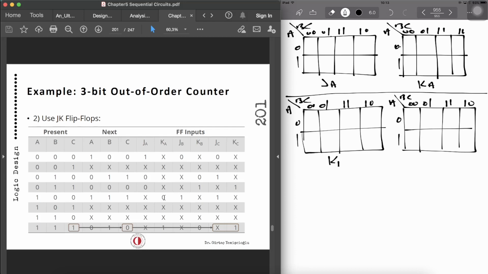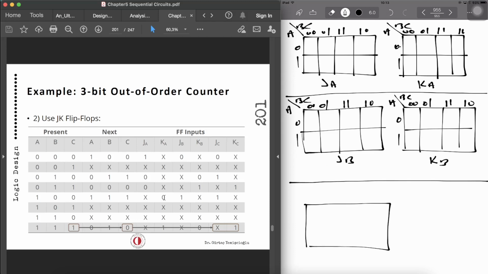This is KB, sorry, JB and KB. And then we just need to repeat the same thing for JC and KC.